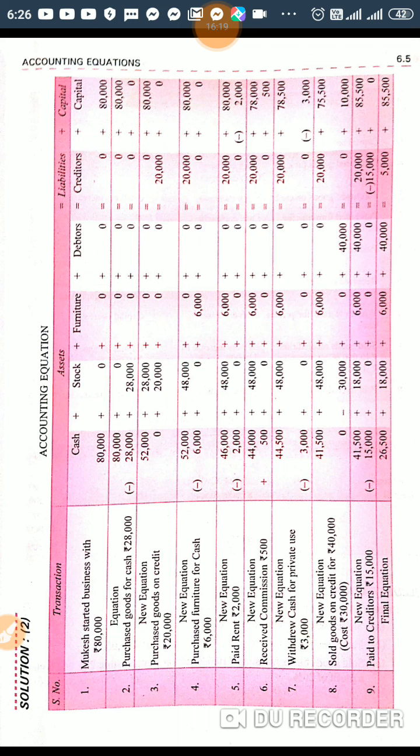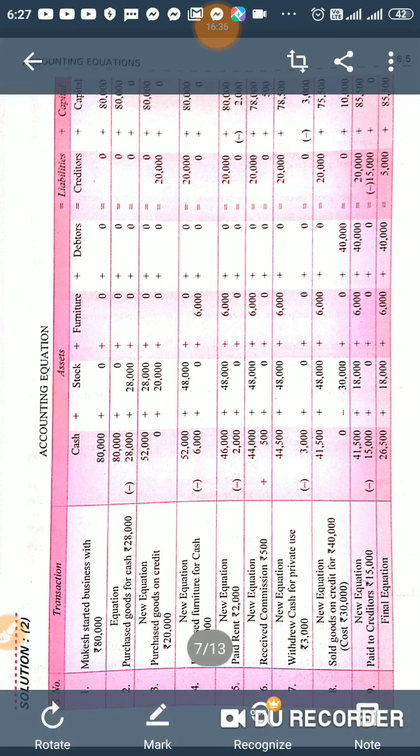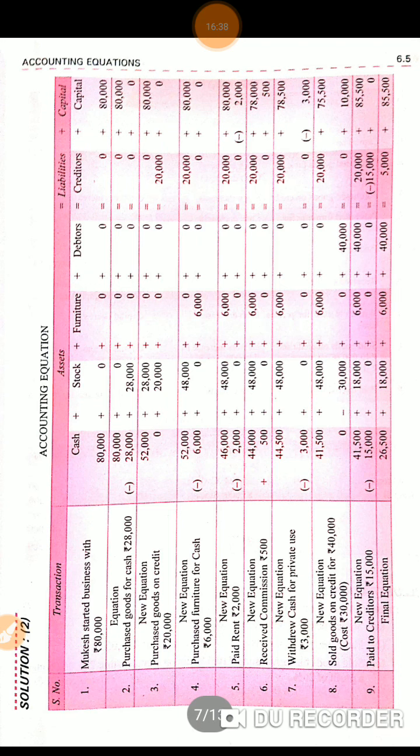Now the total becomes 1,05,500 of the liabilities plus capital. And if you check the asset side, it is also 41,500 plus 18,000 plus 6,000 plus 40,000, the same 1,05,500.